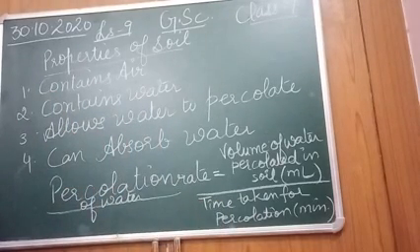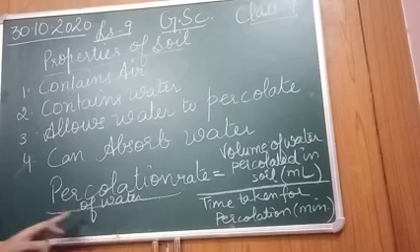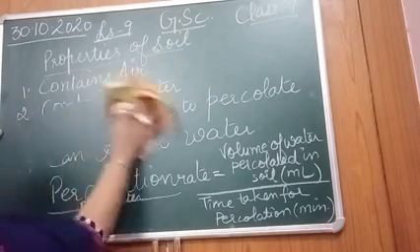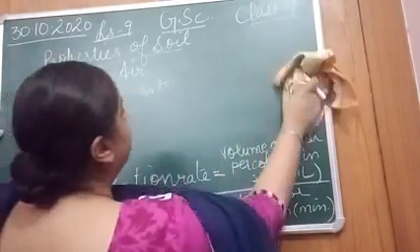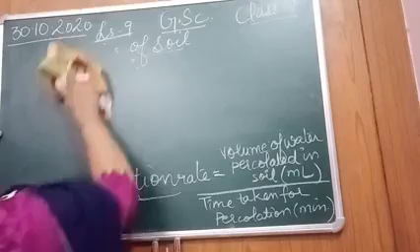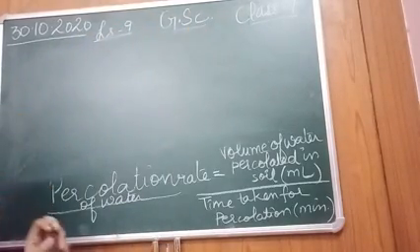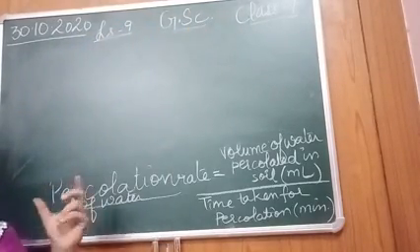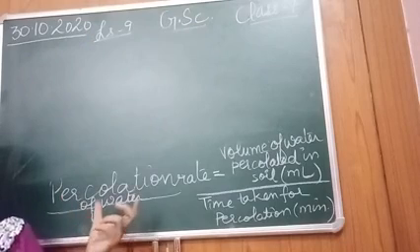Hope that you are clear with the formula. Based on this formula, I can show you one numerical. Suppose you have to note down this formula in your notebooks, because this numerical generally comes in exams.